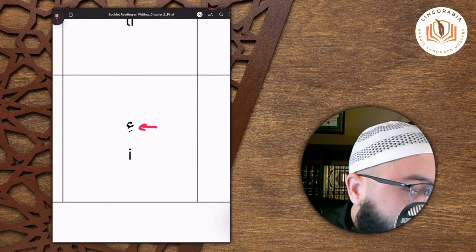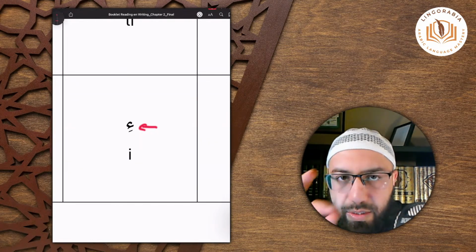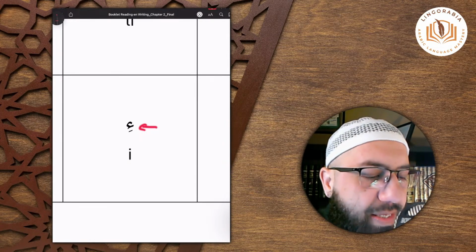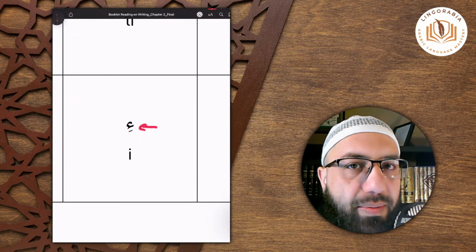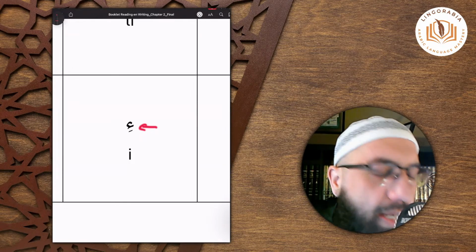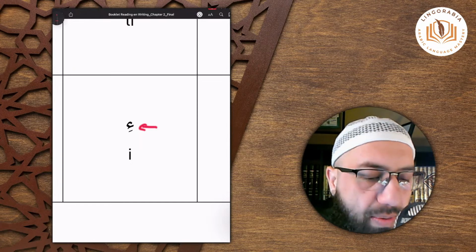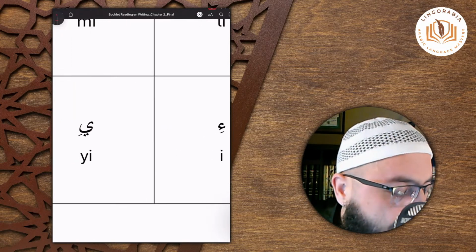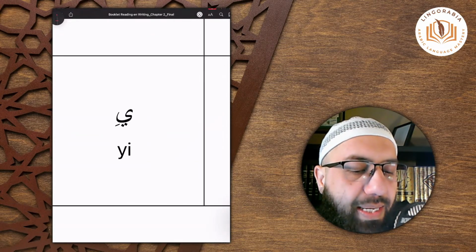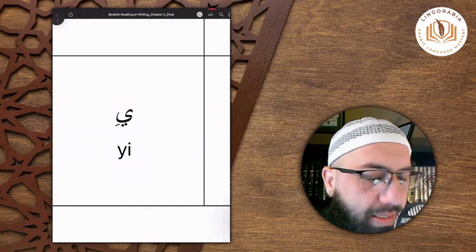So the hamza can accept the tashkil, the vowels, and that's an argument for Hamza to be a letter, because it works like other letters. And then the last letter, the ya with the kasra, you pronounce as "yi".